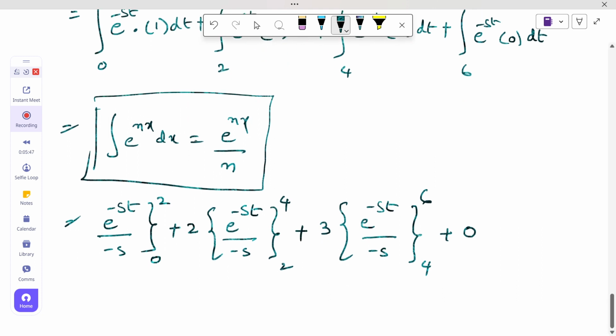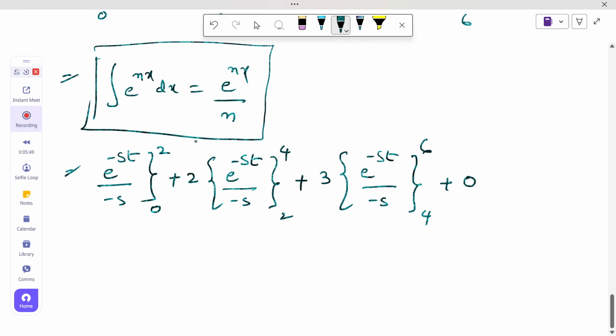From this throughout, I can take minus 1 by s as common, because I have to substitute the limits wherever t is there.